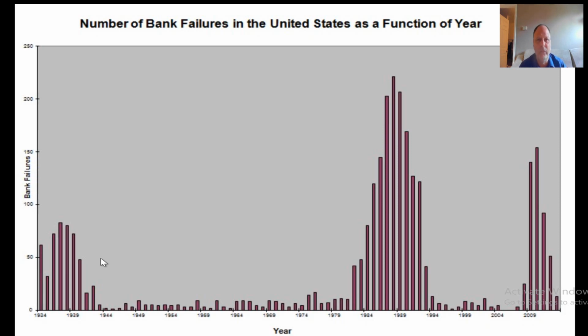Since people were massively leveraged into the stock market, say 10% equity, 90% debt, a small drop resulted in margin calls, which created further drops, which created more margin calls, which created further drops, which caused all the banks that were speculating in the stock market to go bankrupt and lose their depositors' money.